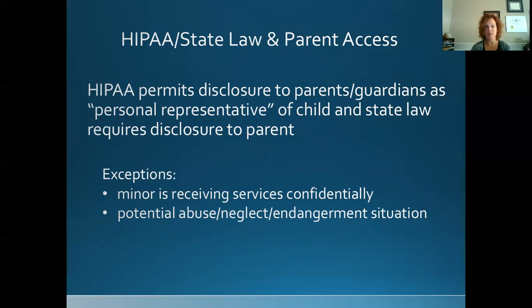Another exception to that parent access would be potential abuse, neglect, or endangerment situations. But in general, say for example, there's a troubled teen, a healthcare provider can disclose their concerns about that teen to the parent if the parent consented for treatment and is therefore the personal representative of the child.